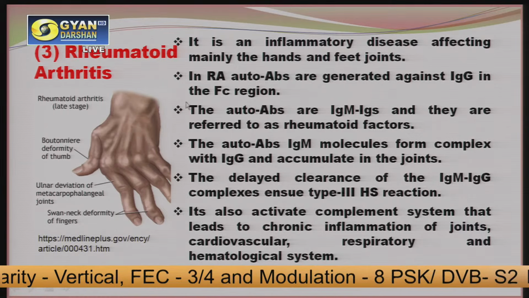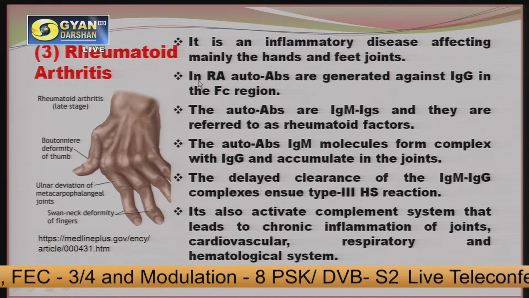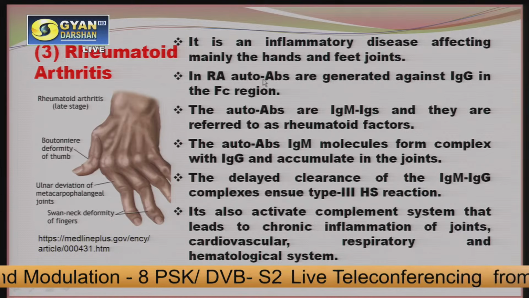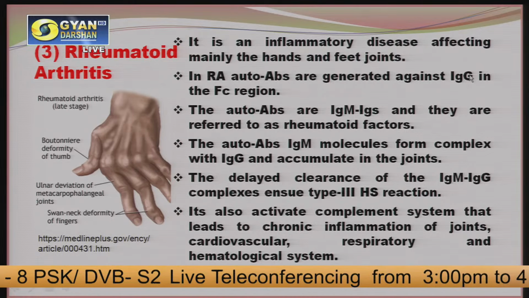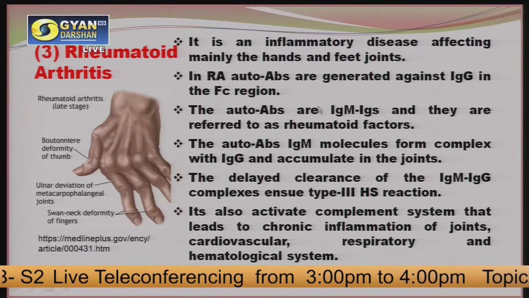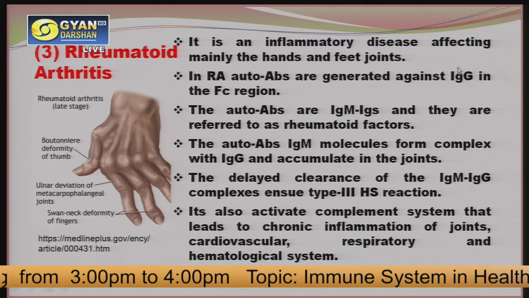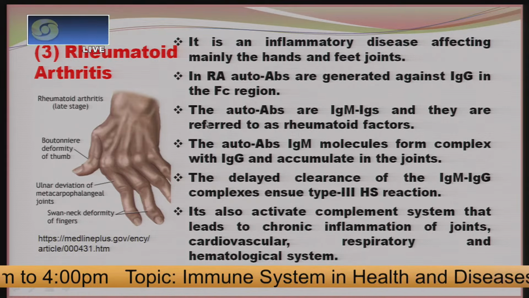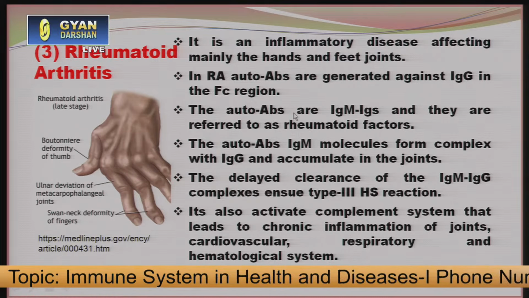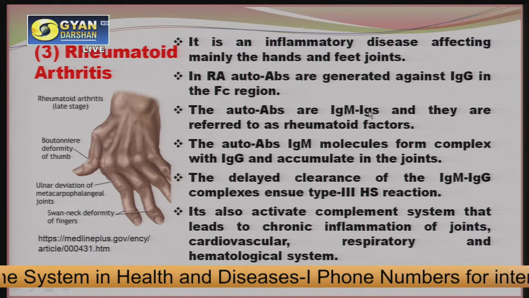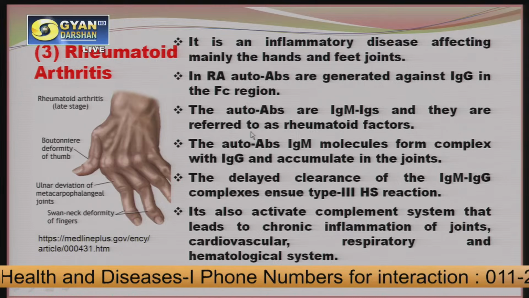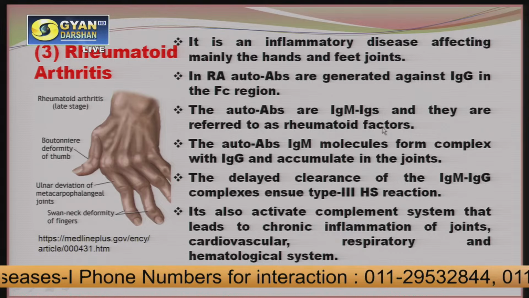It is due to autoimmunity. In this disease, autoantibodies are generated against the Fc region of IgG. Here are the immunoglobulin G antibodies, and they bind to it. The autoantibodies are IgM immunoglobulins, and they are referred to as rheumatoid factors.